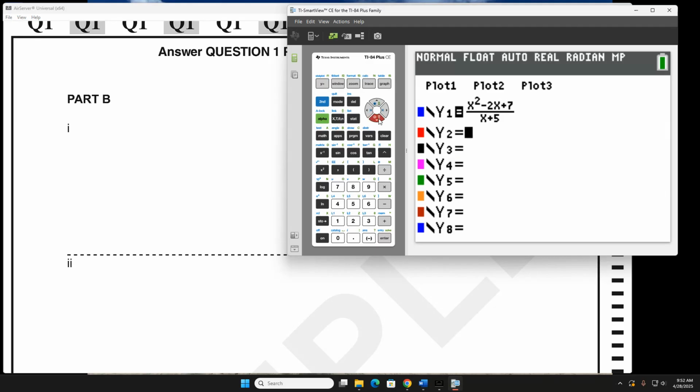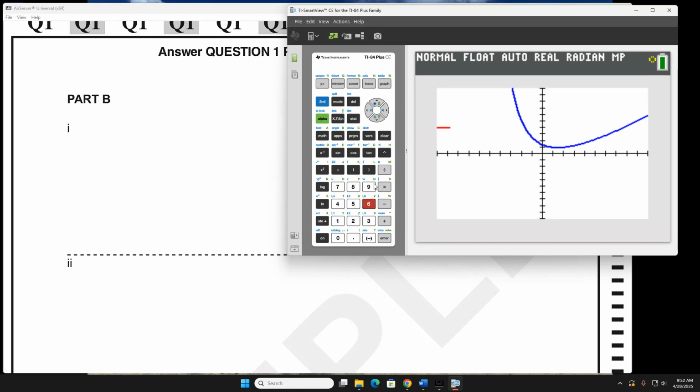If we want to know when this is 4, what do you guys think we put into Y2? 4. And then we want to find where these two cross. So those are the two places where g of x is 4, the intersection of these points.